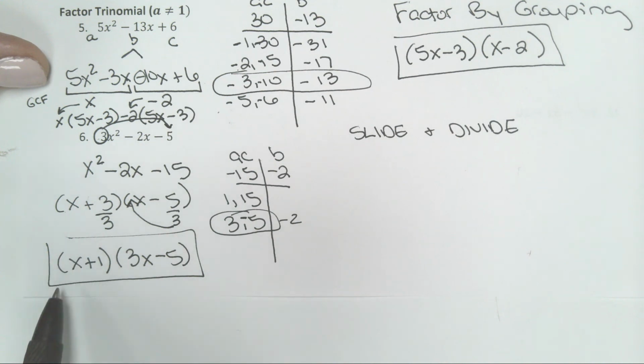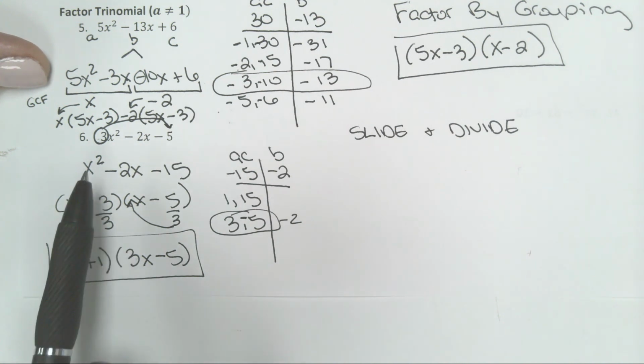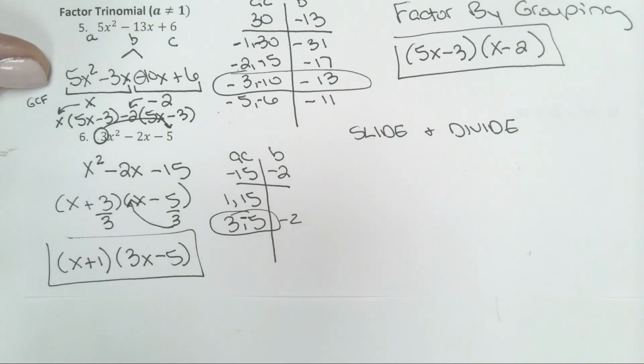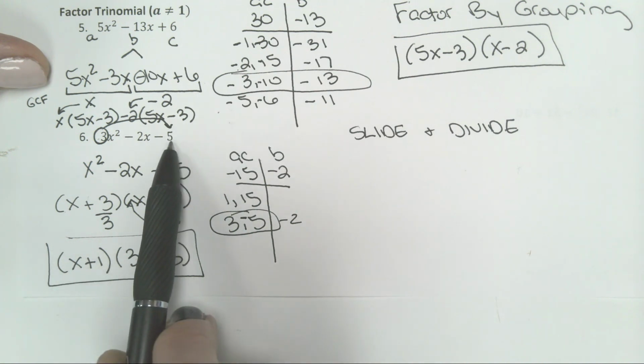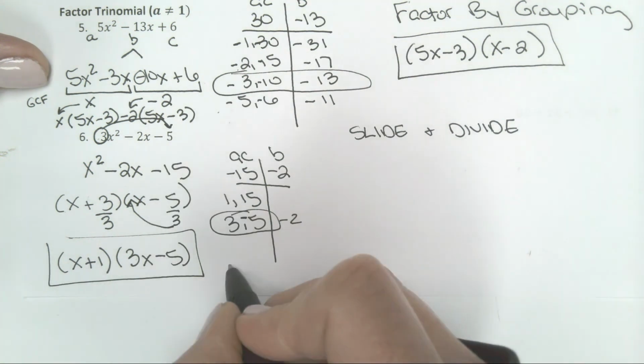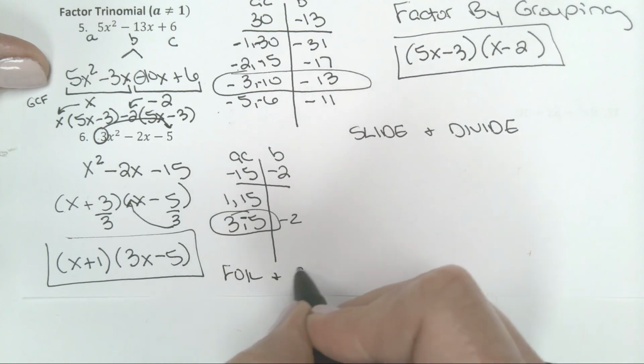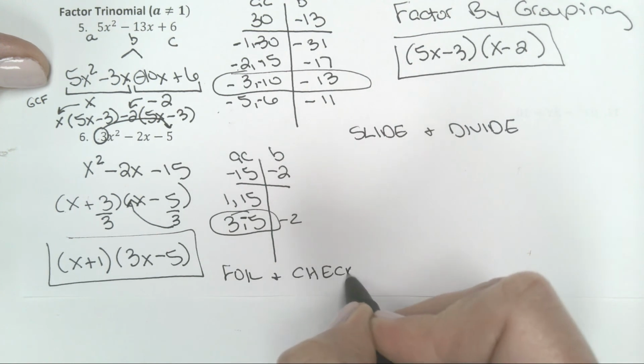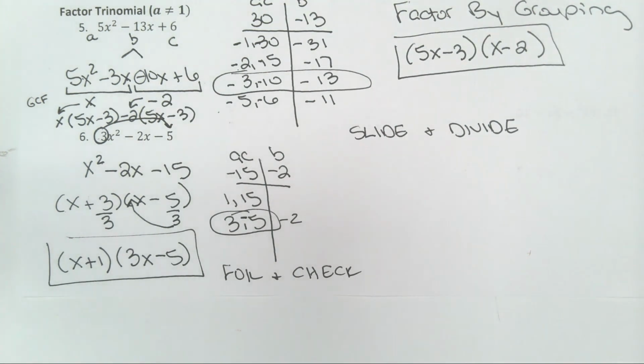So if I check this one out, I take x times 3x, that is 3x squared, so that's good. And then if you multiply the last terms, 1 times negative 5 is negative 5. So you can always FOIL and check to make sure that you get what you started with. And I'm going to hit the pause button and come back and do the back side.